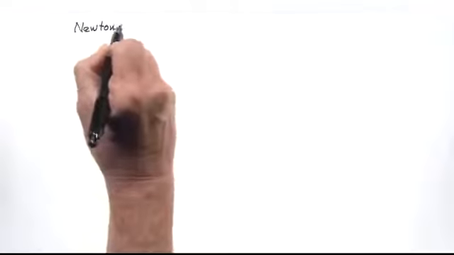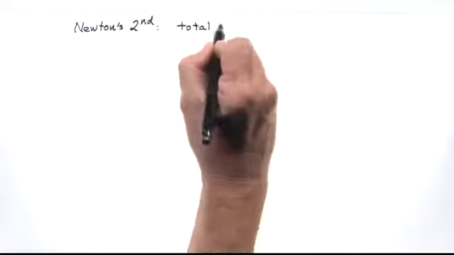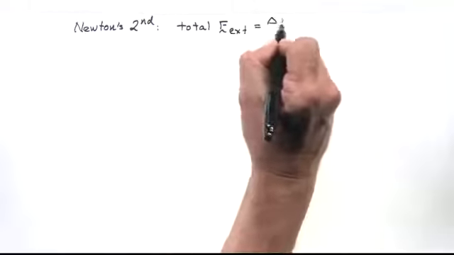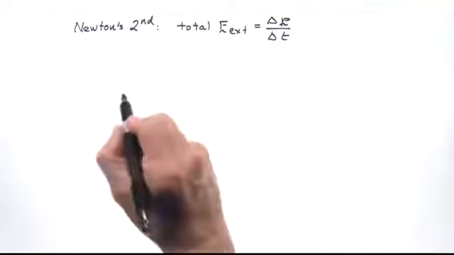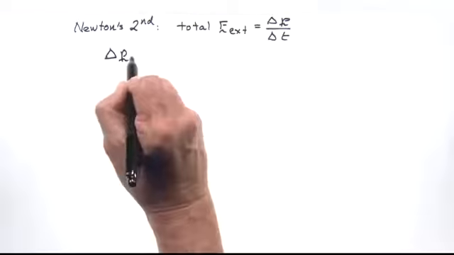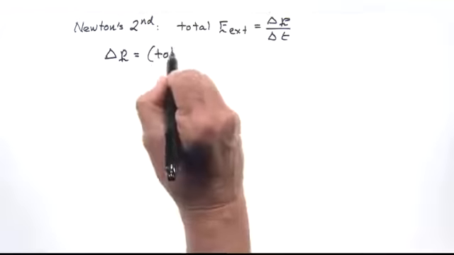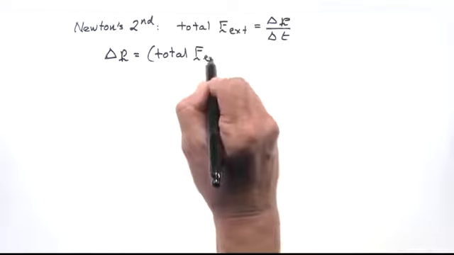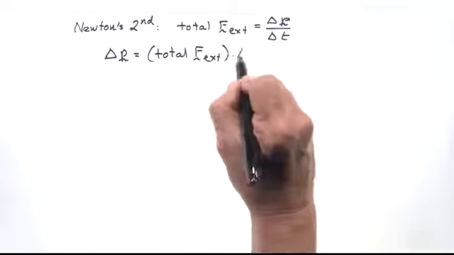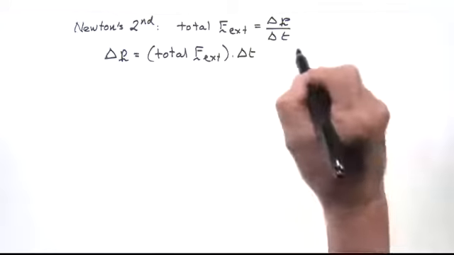We need both of those, momentum and impulse, in this next bit. Here's that important equation. Newton's second law using momentum. And from it, here's another important result. Multiply both sides by delta t and we have change in momentum equals total external force times the time over which it acts.